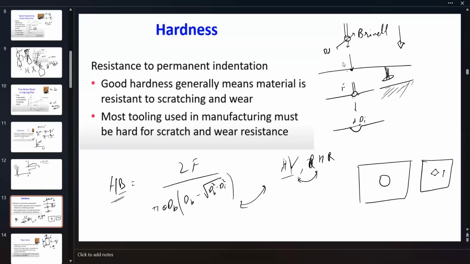Your tool must be harder, or more wear resistant, than the working piece in order to get the cut. You cannot use rubber to cut a rock. You need to use a harder material. You cannot use steel to cut diamonds. You can use diamond to cut diamond, or steel to cut steel.